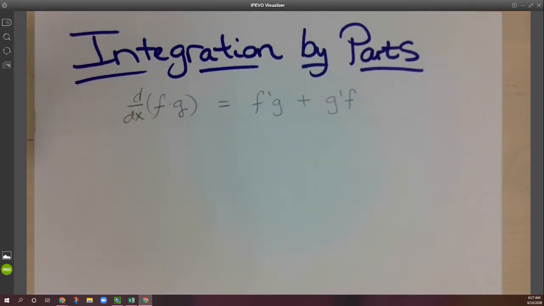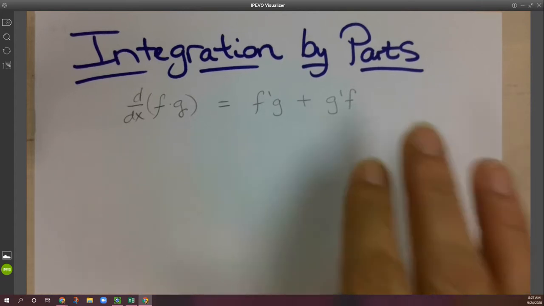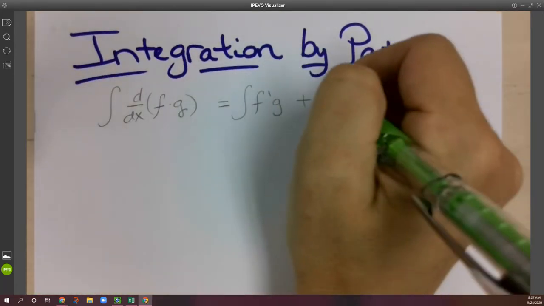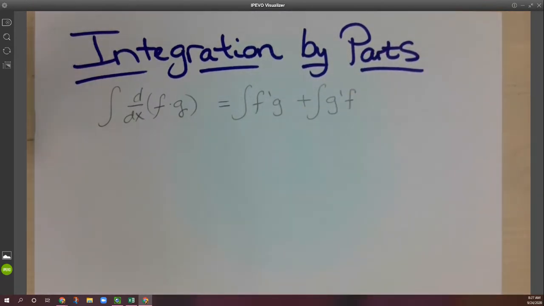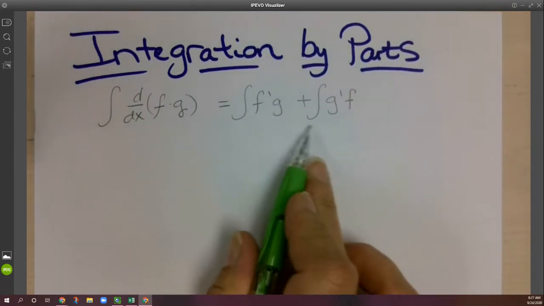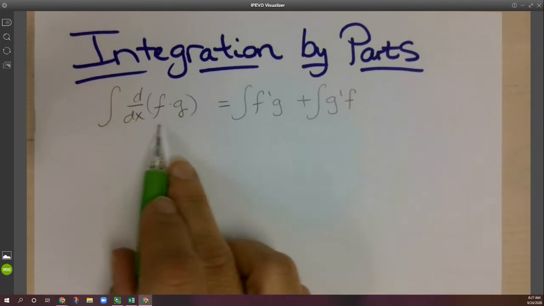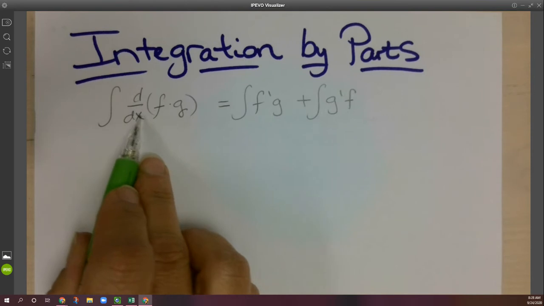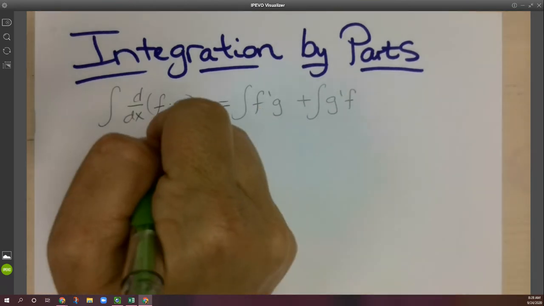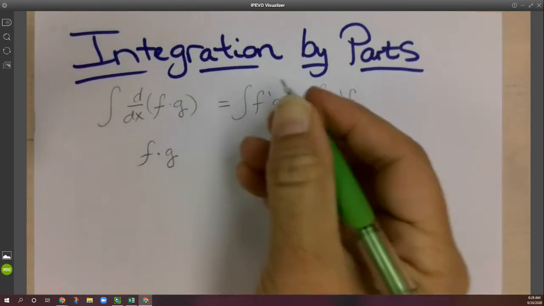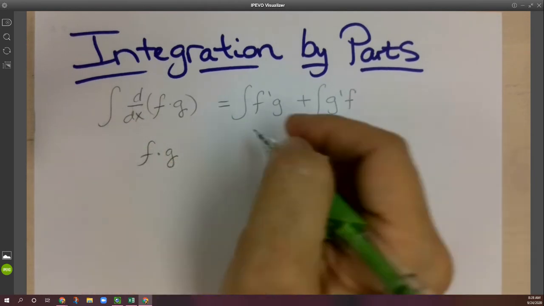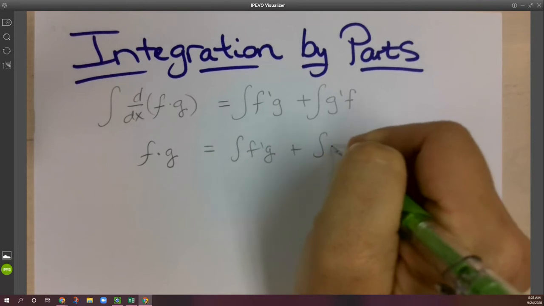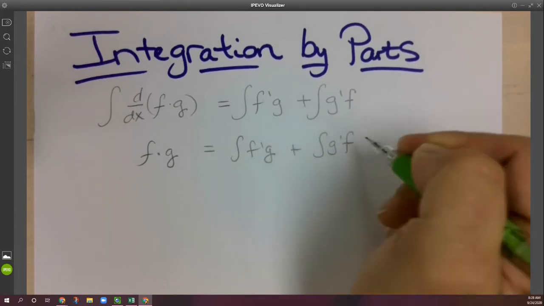So what we're going to do is take this rule that we know, and I'm going to integrate each term of this derivative. So for my first term here, the integral of the derivative, we know that those undo each other, and so that's just going to leave me with f times g, and then I'm going to have the integral of f prime g plus the integral of g prime f.